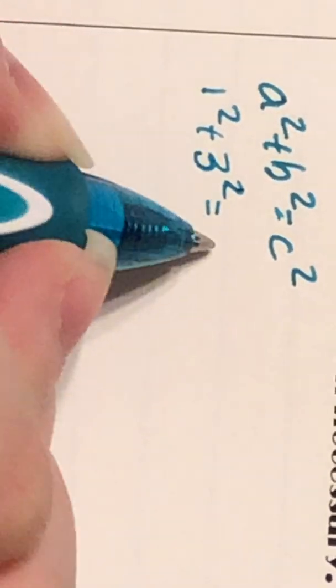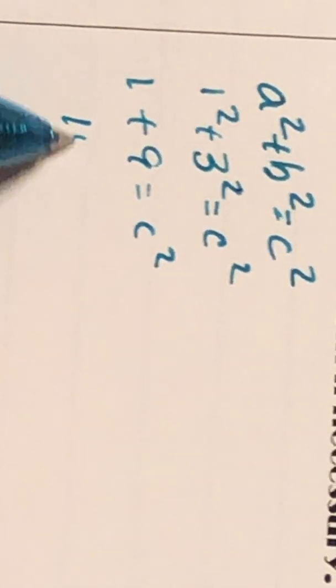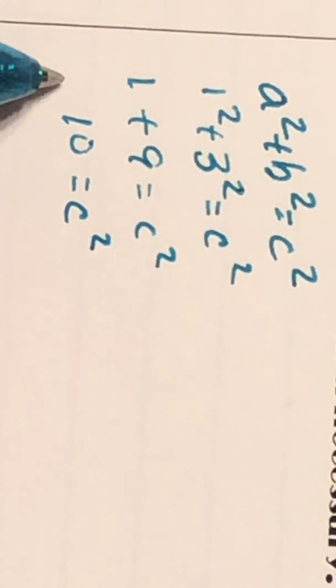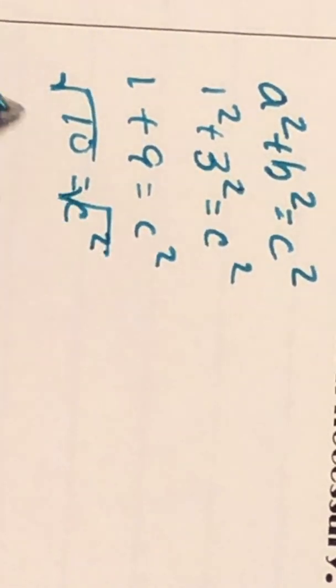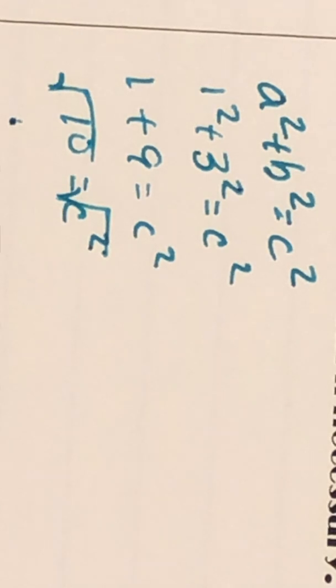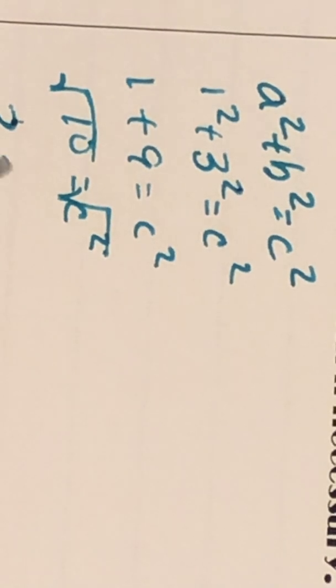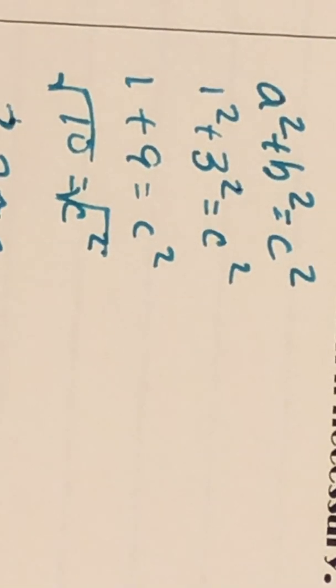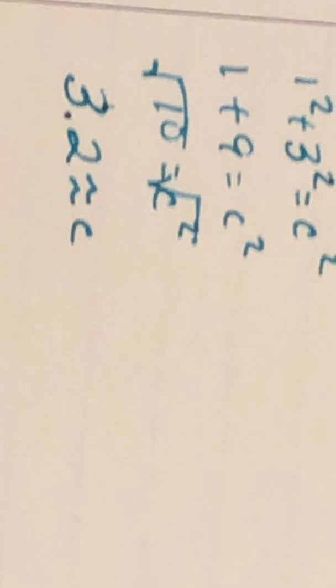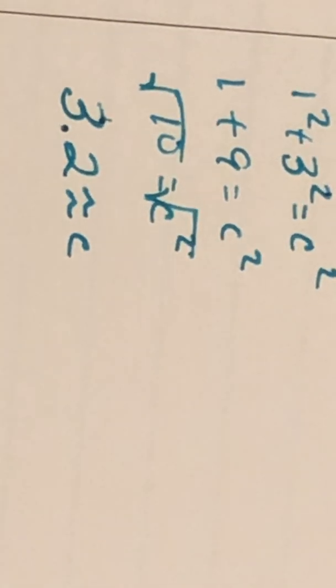So I have 1 squared plus 3 squared. 1 plus 9 equals c squared, so 10 equals c squared. Square root of 10 is 3.2 approximately.